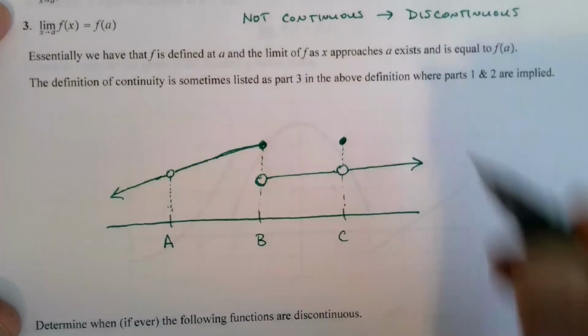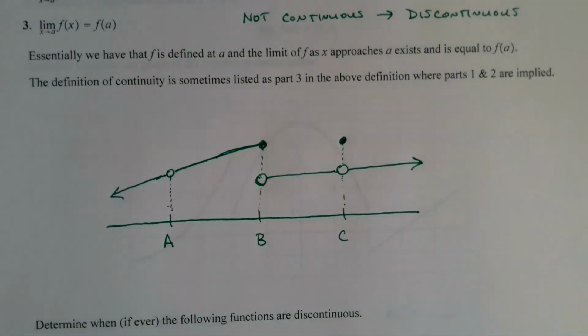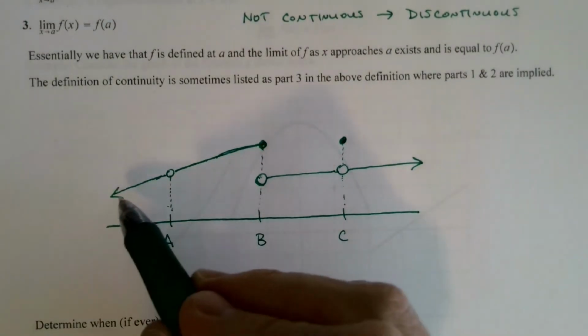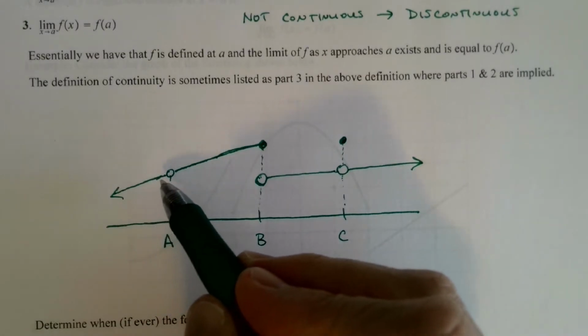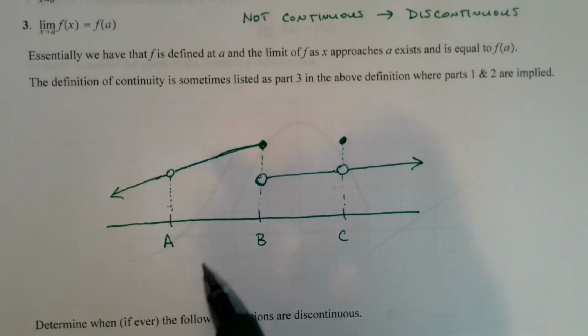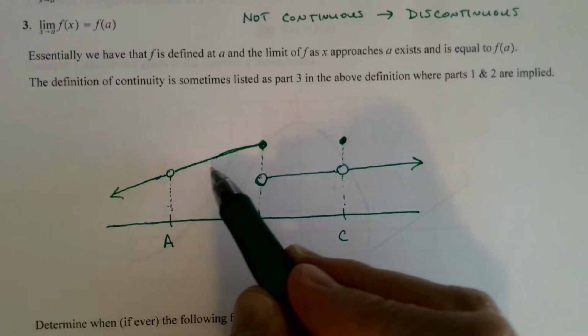Okay, so really weird functions. You can see some holes and jumps and gaps. Certainly you see some problems as I'm drawing this graph from left to right where I would have to lift my pen or pencil off the paper to continue the graph.